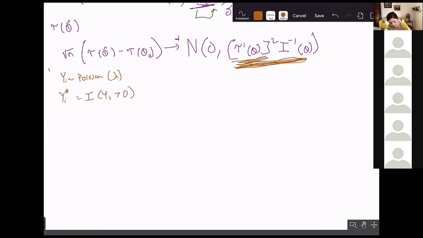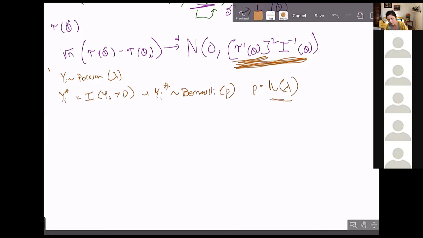And then you can show that yi star has a Bernoulli distribution, with p as the generic parameter, and you know that p is equal to some function of lambda, and you show what that function is. Mhm. And then in B you write that, and then you write down the likelihood based on this lambda, which is going to be a Bernoulli likelihood where you plug in this here. Right?